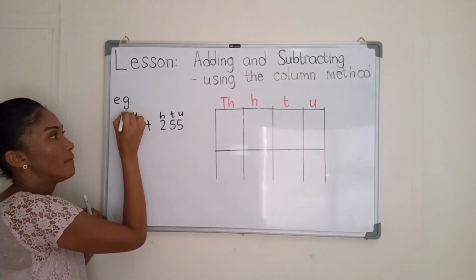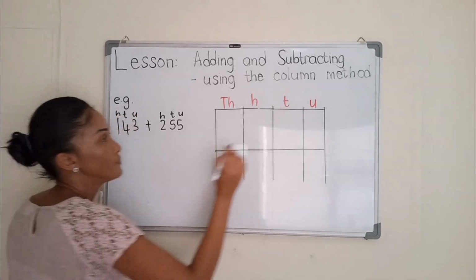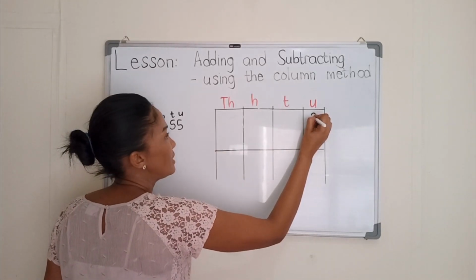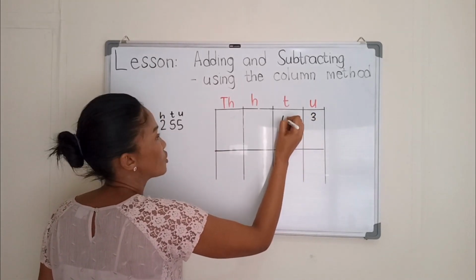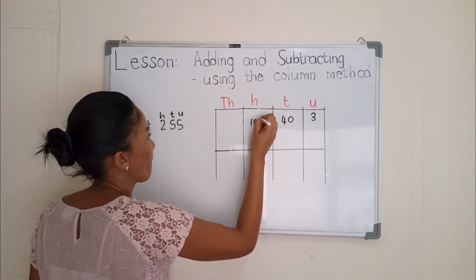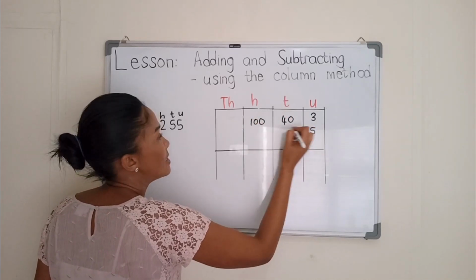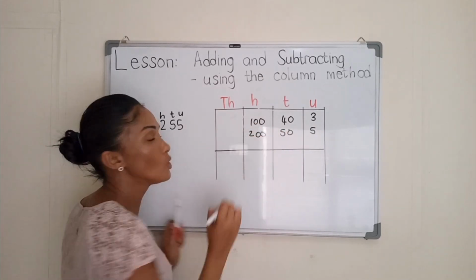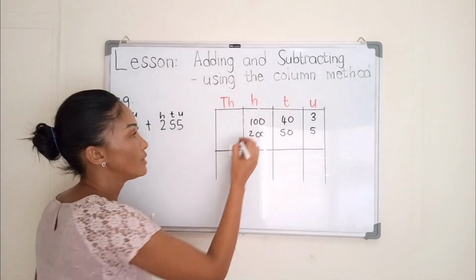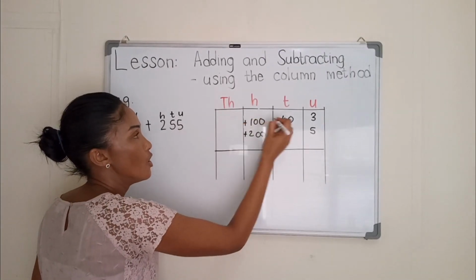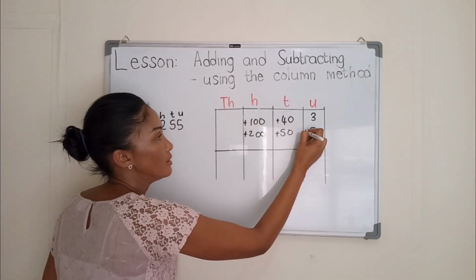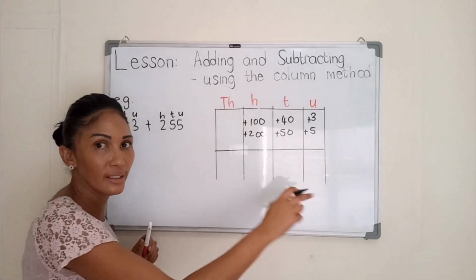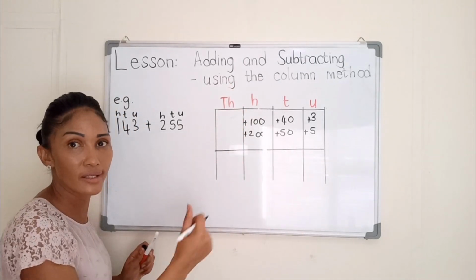Now I'm just going to place it in the correct column before I add. 50, and here comes the 200. Now because we're doing the adding sum, you can write plus in front of your numbers. You rule a line, and now we're only going to add together.